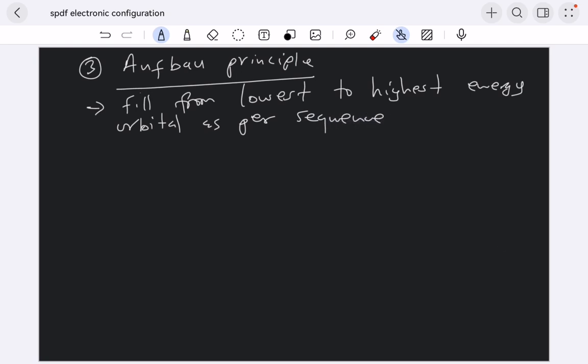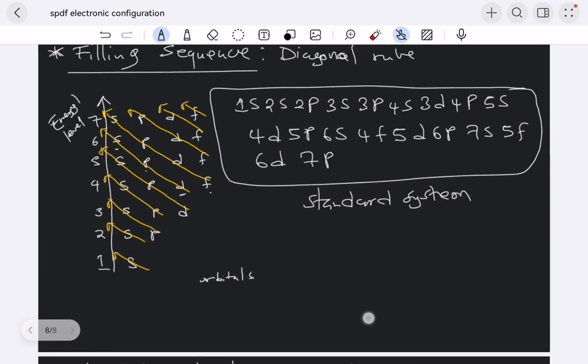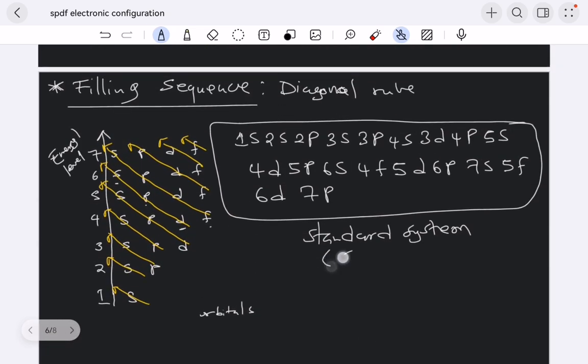So the sequence that we have here, this particular sequence.